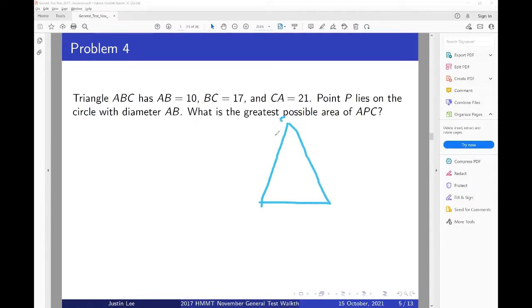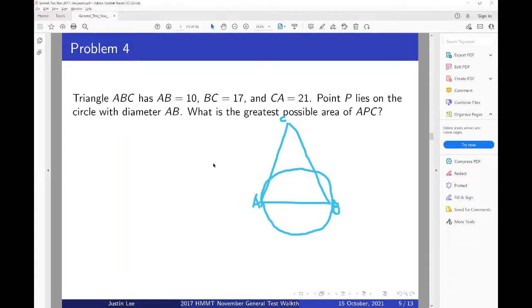This is C, this is A, and this is B. And we've got a circle with diameter AB, so something like this. And we've got a point P. We want to find the greatest possible area of APC.